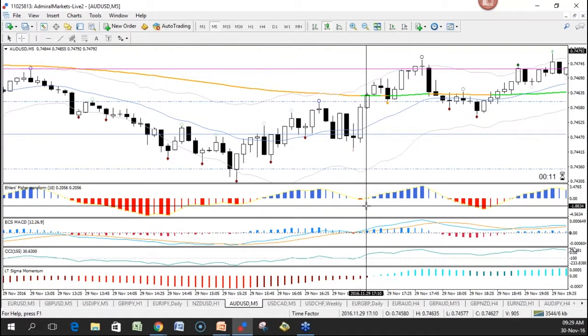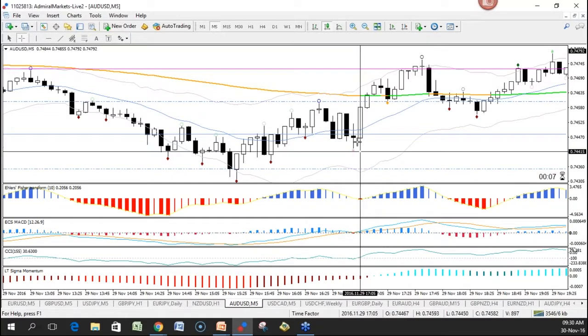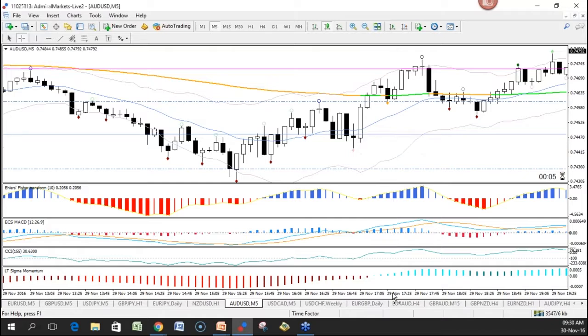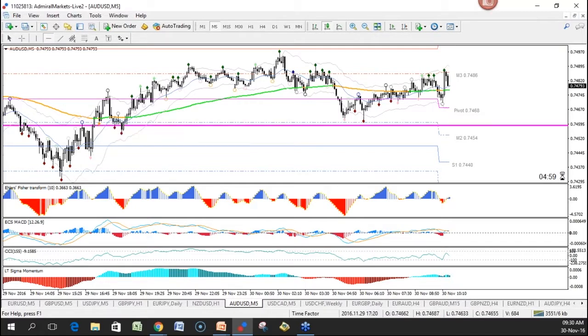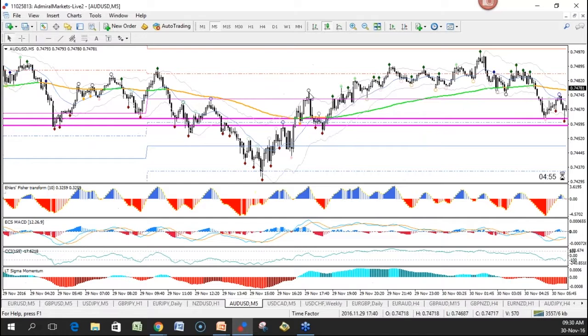Right here on this candle. On the MACD, it was this candle. And you get an upside. Another additional retracement was here with the signal at the same spot, just a bit later in time.